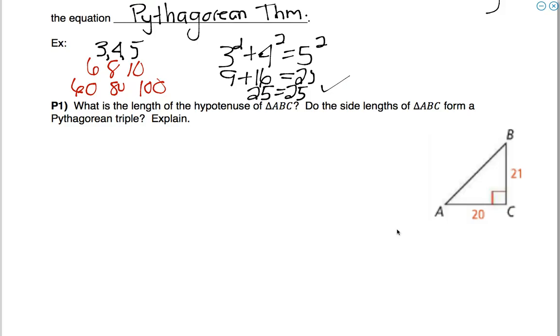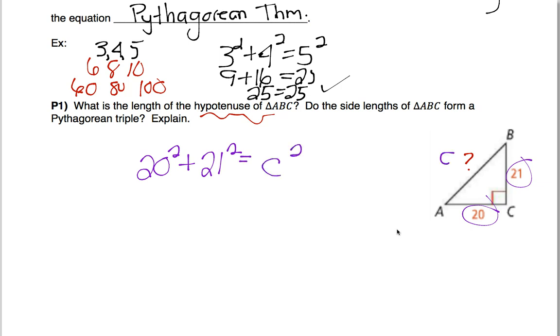So what is the length of the hypotenuse of triangle ABC? Now, this is either A or B. This has to be whichever one you did not choose for the 20. So 20 squared plus 21 squared equals C squared. So that's 400 plus 441.